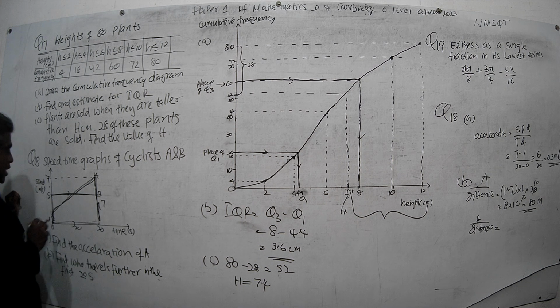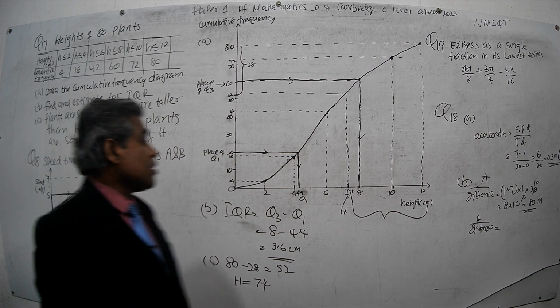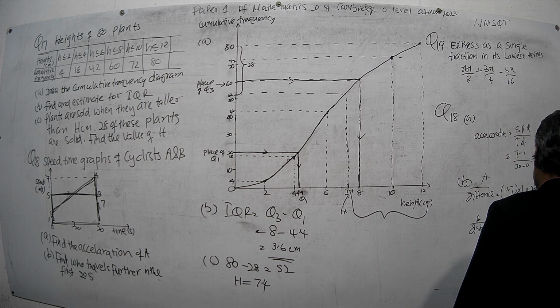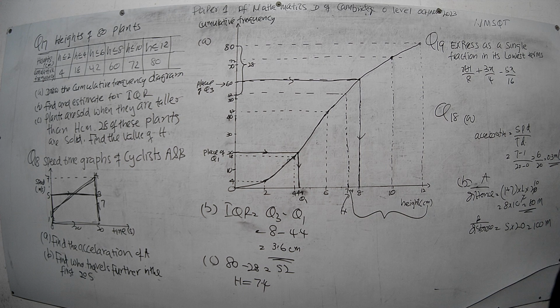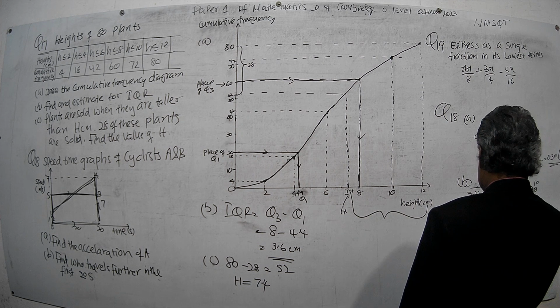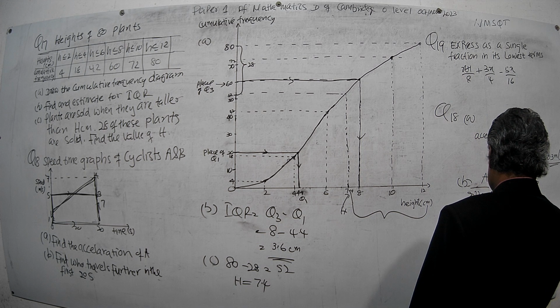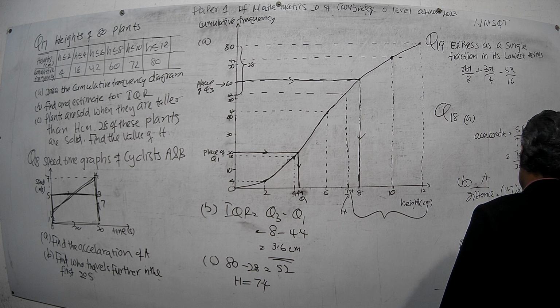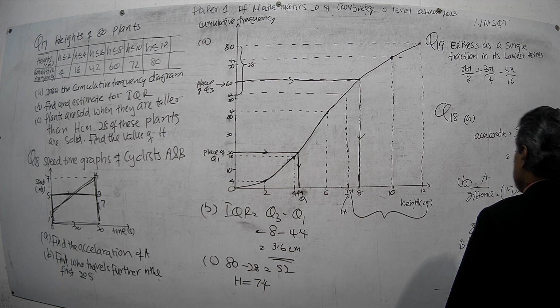This side is 5, and this side is 20. So write 5 into 20, which is 100 meters. Now B has traveled 100 meters, A has traveled 80 meters, so B has traveled further. Further means more.